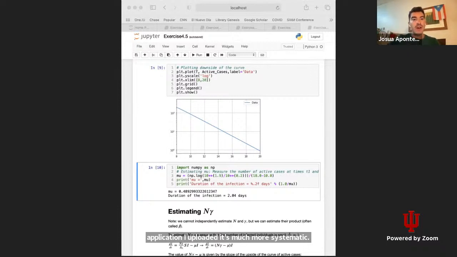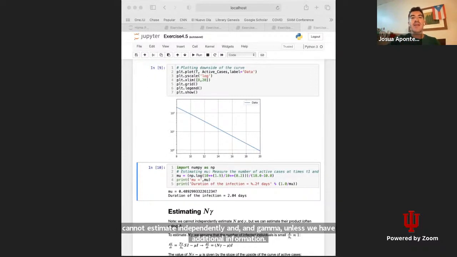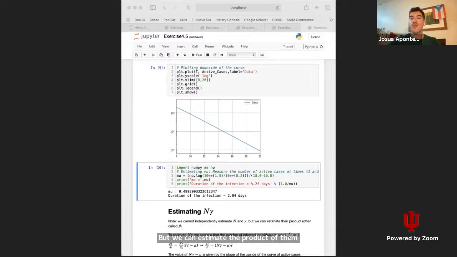So now that we have mu, we can use the leading part of the active cases curve to estimate the parameter n times gamma. And again, because there's a product, we cannot estimate n and gamma independently unless we have additional information, but we can estimate the product of them, which is often called beta.